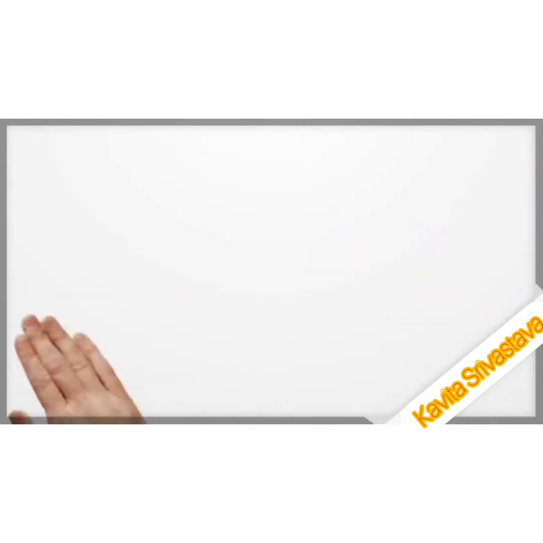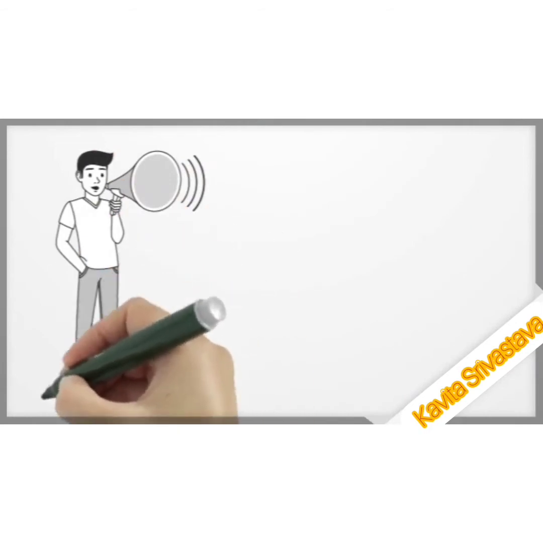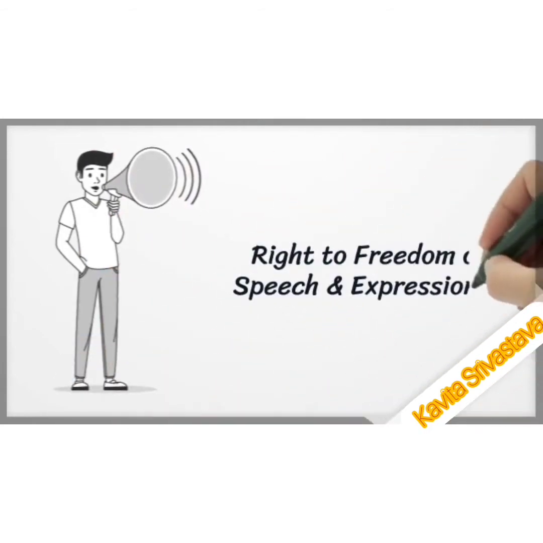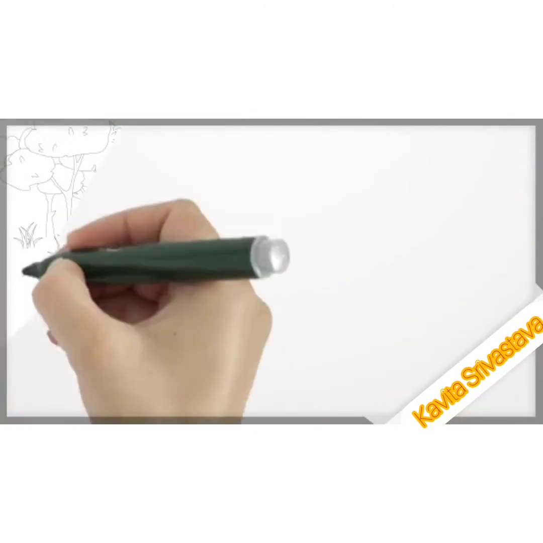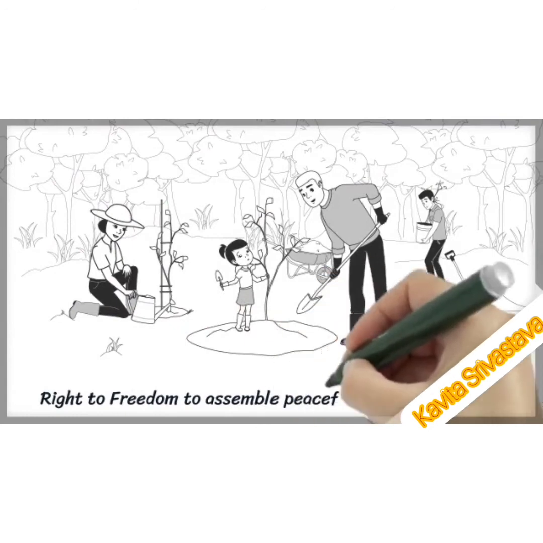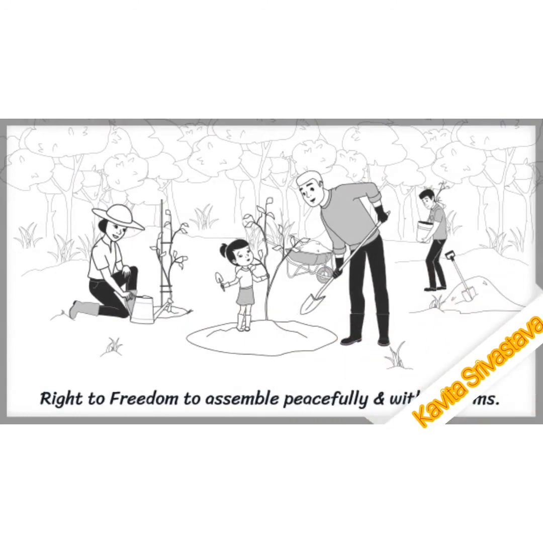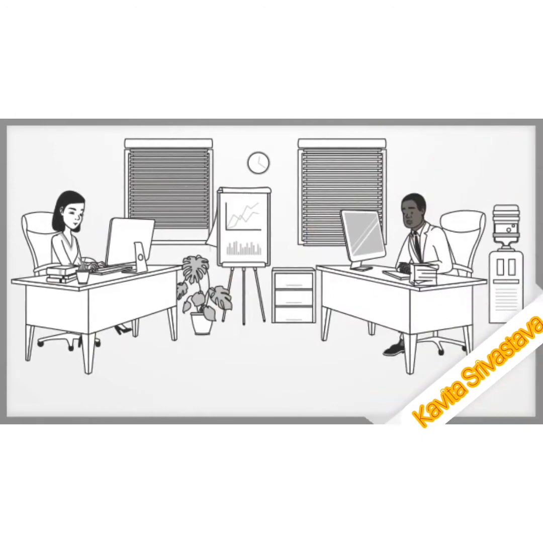Now coming to the next fundamental right, which is the right to freedom, mentioned in Articles 19 to 22. These articles guarantee certain rights to Indians such as the right to freedom of speech and expression. Then the right to assemble peacefully and without arms. The right to form associations or unions.